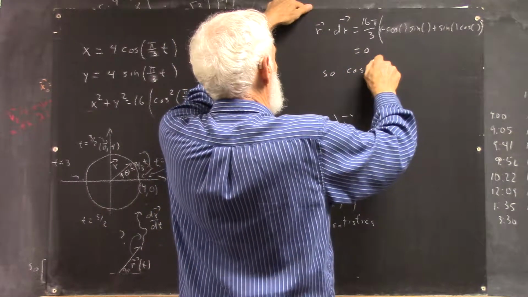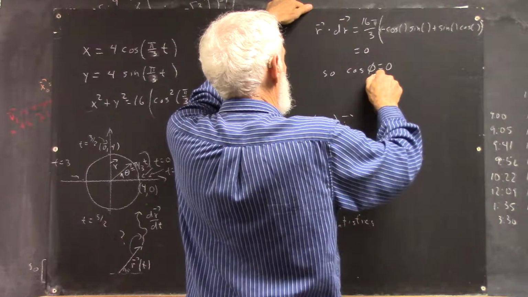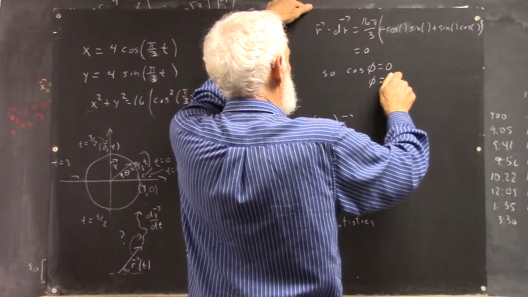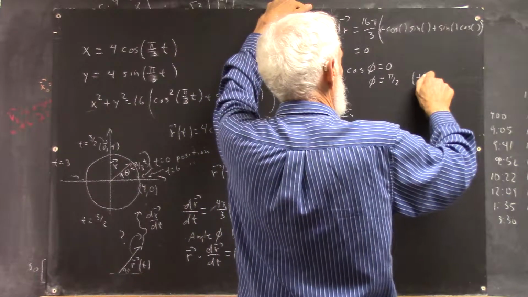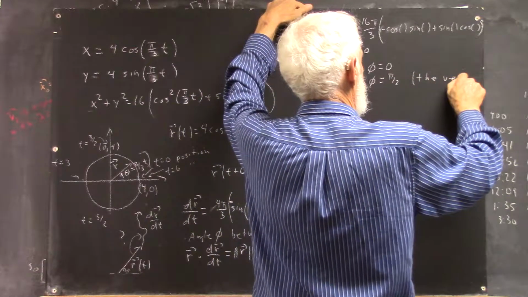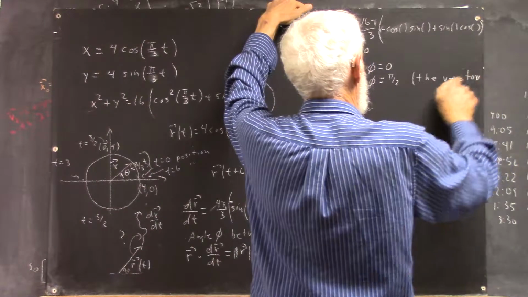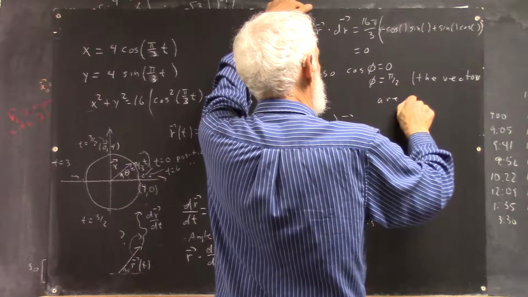So cosine phi equals 0, phi equals pi over 2. So the vectors are perpendicular.